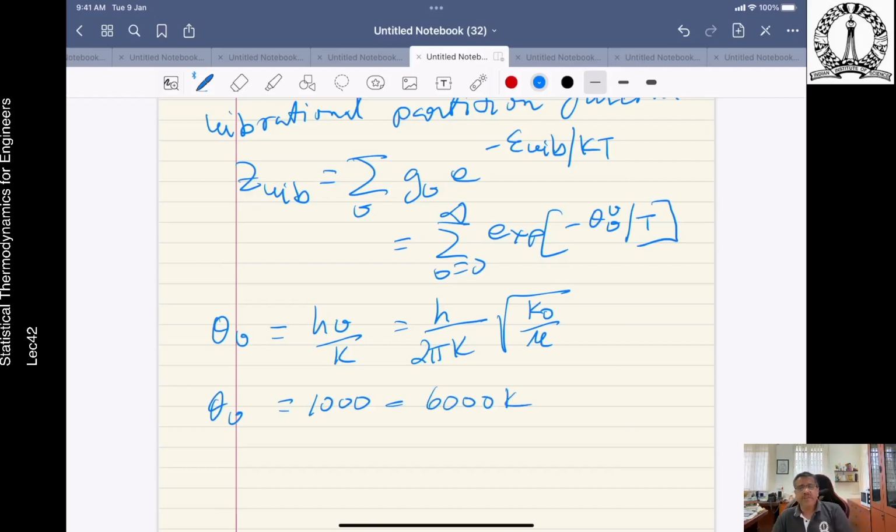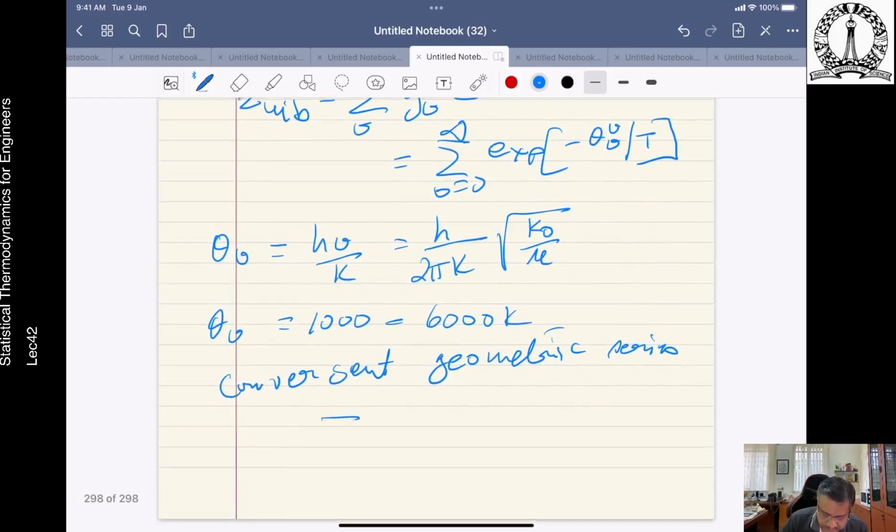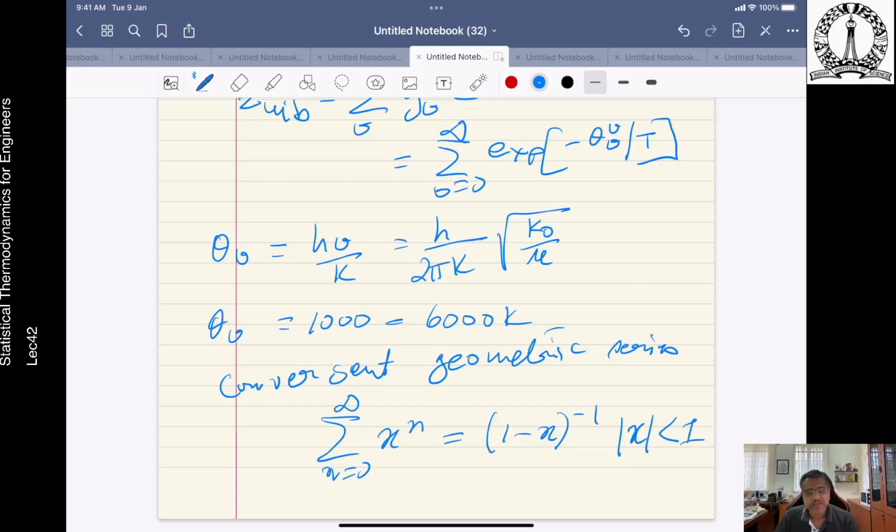So it is very difficult to expand this in a series, but we can use a convergent geometric series in these cases. So if you recall the convergent geometric series, rather than an Euler series, geometric series in this case, which means summation n equal to 0 to infinity x to the power of n is 1 over 1 minus x, so long as the modulus of x is less than 1.